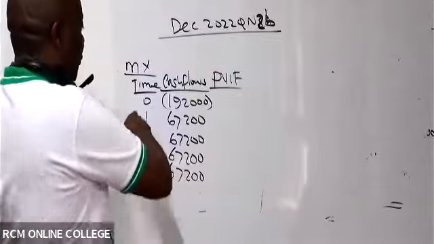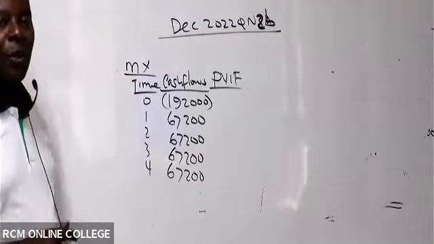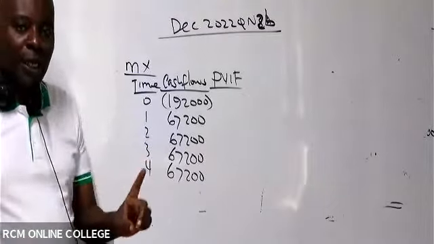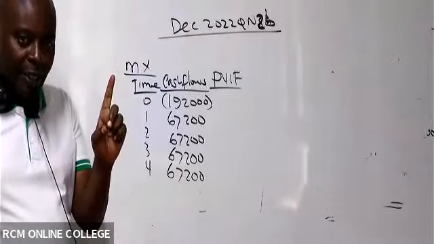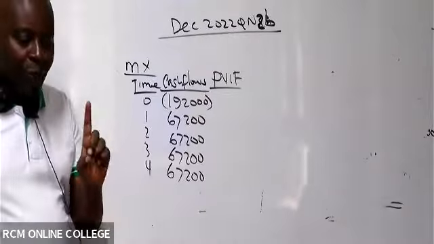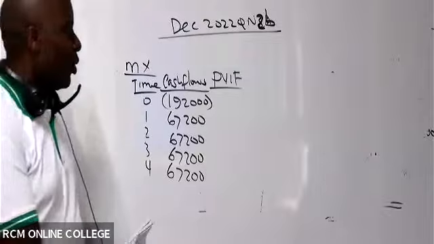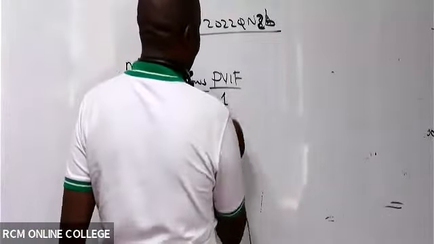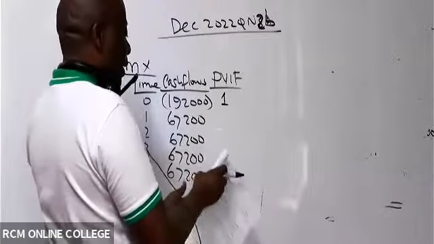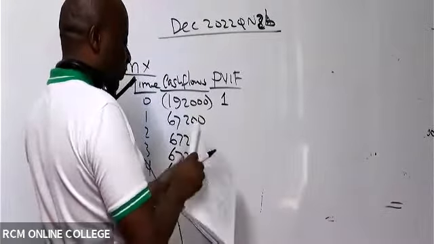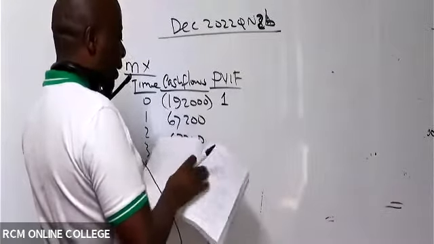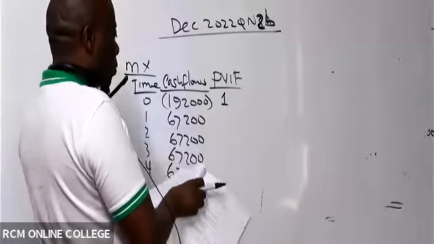So who knows the PVF at time 0? At time 0, the shilling is a shilling. It's 100%, no depreciation of the currency. So at time 0, we always stand at 1. And now you can see they have given us the other years' PVFs.